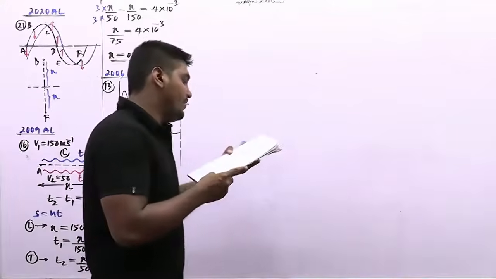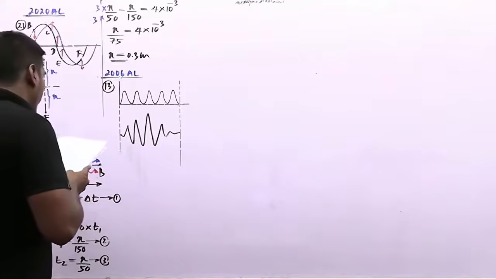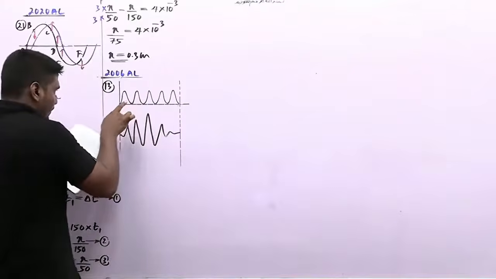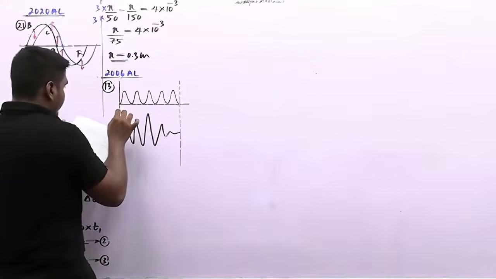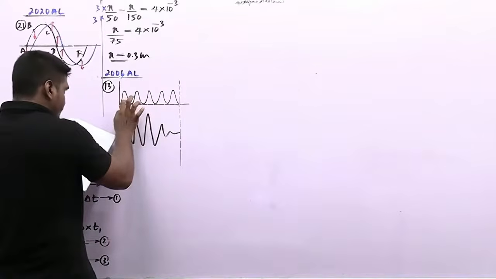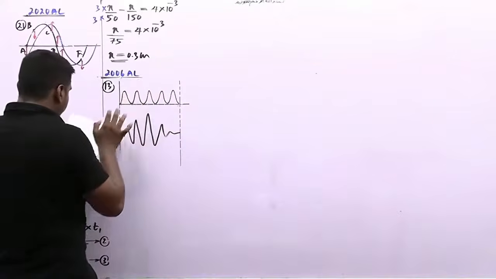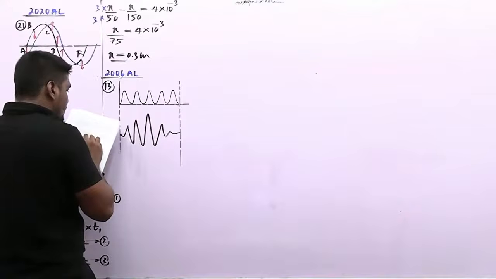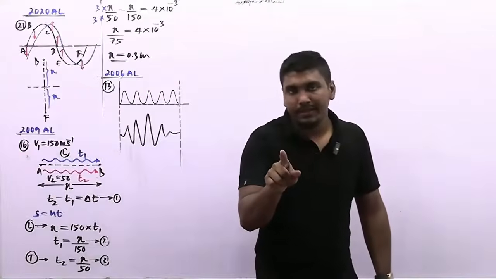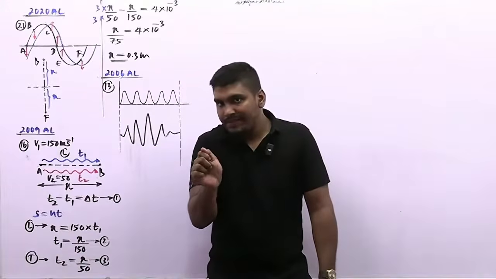Now they mentioned that an oscilloscope is connected to a microphone which receives simultaneously a 50 hertz signal. The frequency of one of the waves is 50 hertz. There are two sounds. One sound has a frequency of 50 hertz.